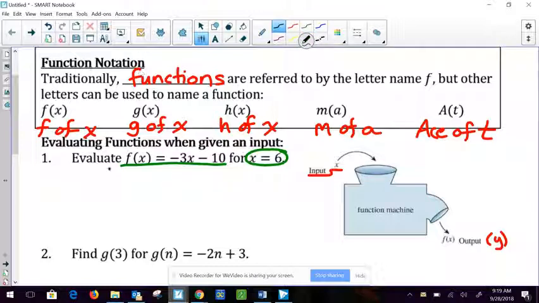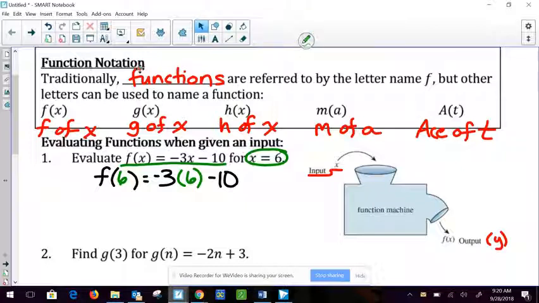So it's not just f of x, now it's f evaluated at 6 is equal to negative 3 times 6 minus 10. Because it tells me x is equal to 6, I simply take x out and put a 6 in its place, following whatever operation is there.